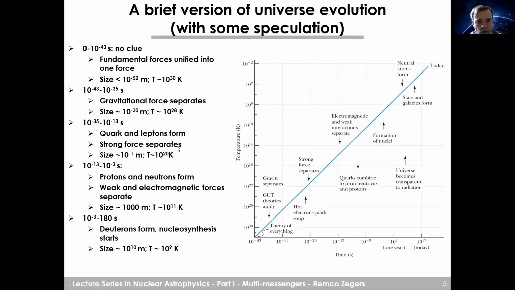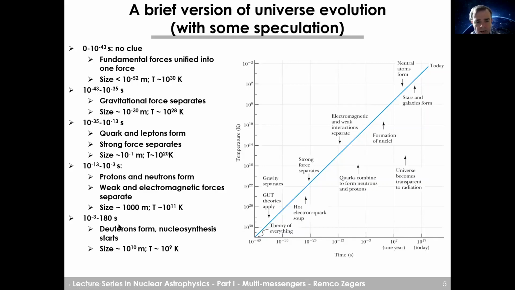Shortly thereafter, the quarks and leptons start to form, the fundamental particles that are the building blocks of matter, and the strong force separates from the other forces. After another little while, protons and neutrons start to form, and the weak and electromagnetic forces start to separate. At that time, the universe is maybe about 1,000 meters in size.